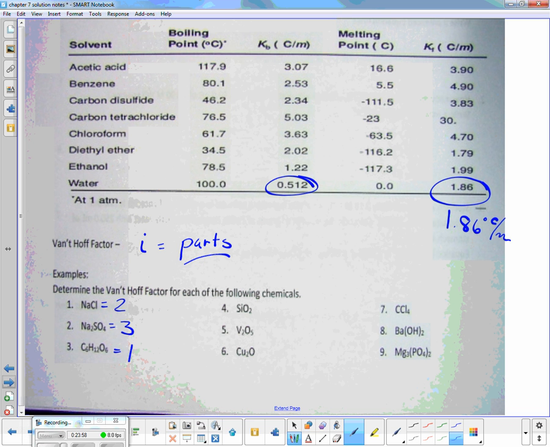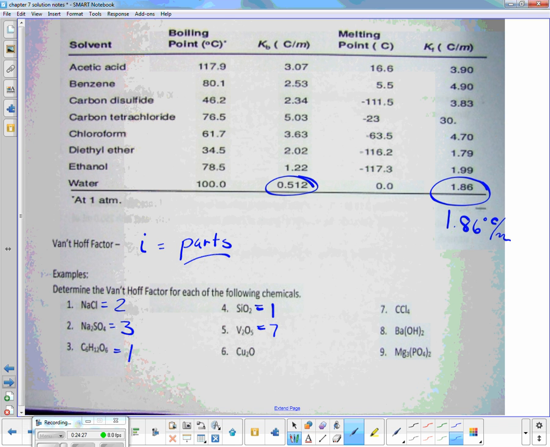Silicon oxide, silicon dioxide, look up here. Silicon and oxygen are closer together, so that's covalent, so it's going to be 1. Vanadium 5 oxide. Vanadium is in the middle and oxygen's over here, so it's going to be polar covalent. So I'm going to say, okay, vanadium is a +5 and there's 2 of them. Oxygen's a -2 and there's 5 of them. 2 plus 5 is 7, so its I is 7.